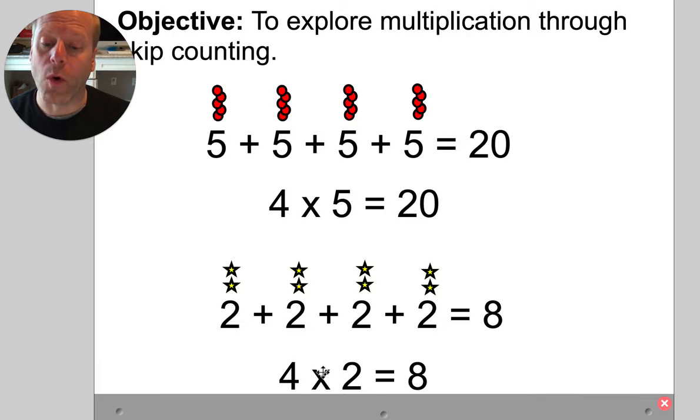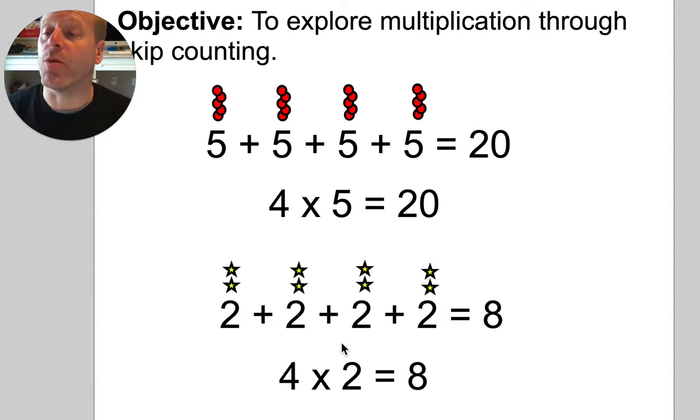So 4 2's, 4 groups of 2, is going to give us the product 8, which is the same as repeatedly adding that 2 to get the sum 8. Think of it as an easier way of writing repeated addition. That was something we've done before.